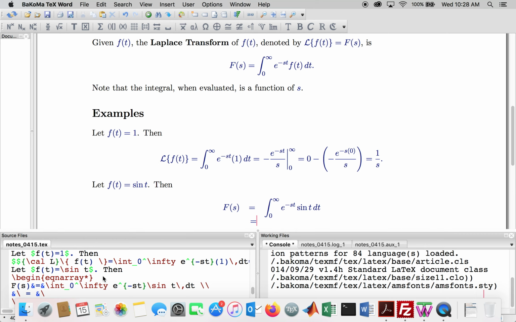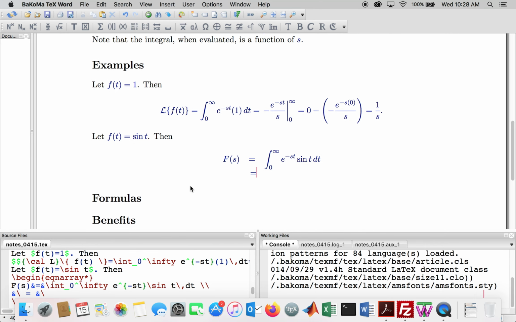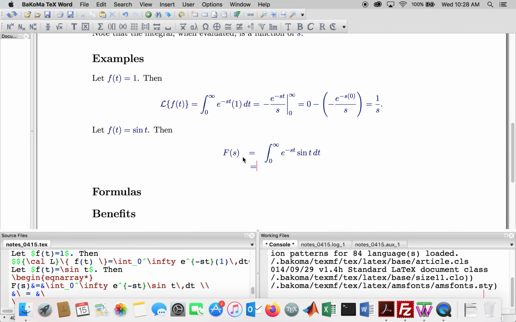Now, this integral would require integration by parts, which is actually pretty nasty because if you were to work this out in full, you would carry out integration by parts twice and wind up with the same integral you started with, e to the minus st sine t, times a constant. And you move it to the other side and divide and so forth. I'm not going to go through all that. It's really not necessary.